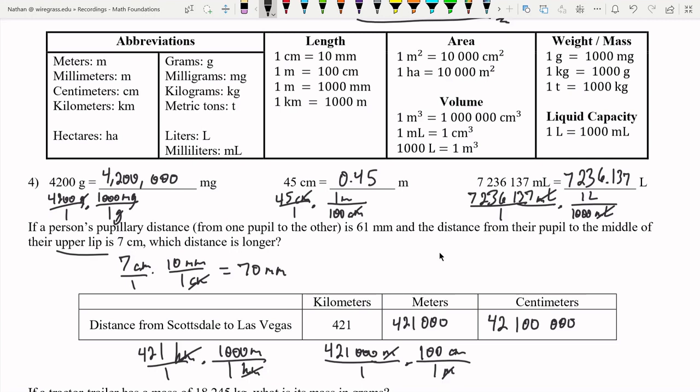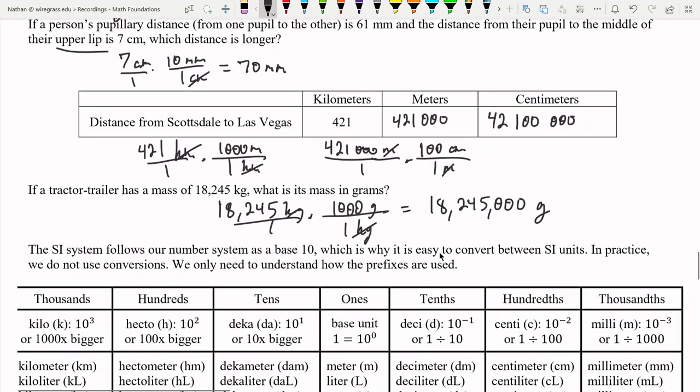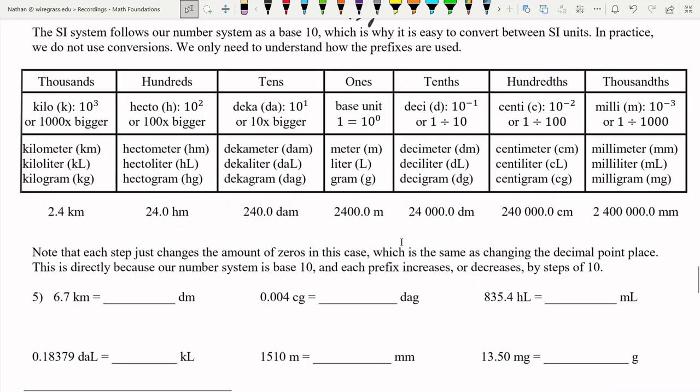It actually works based on prefixes, and the prefixes are all based on the base 10 system, which is what our number system is. Okay, and here I have a table showing how these prefixes work. So we have the different place values of the numbers: the ones, the tens, the hundreds, thousands, and the tenths, hundredths, and thousandths, like the decimal places, and then the larger and larger place values, just like how our number system works.